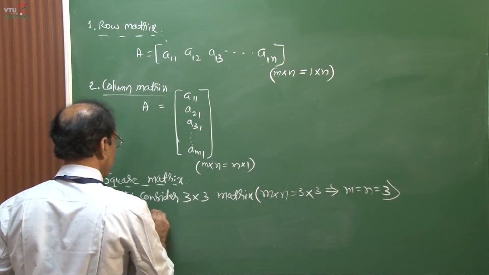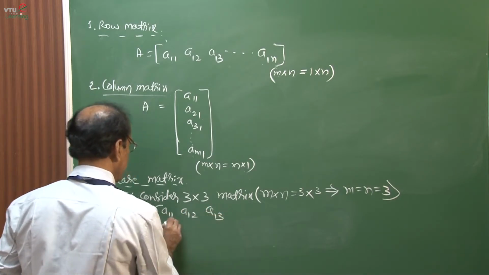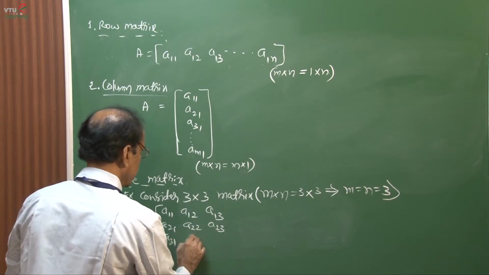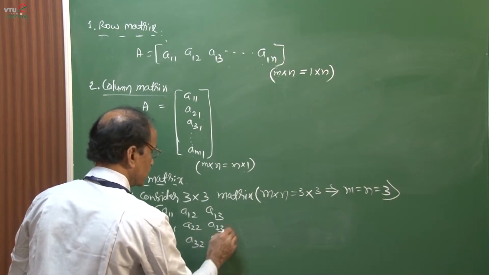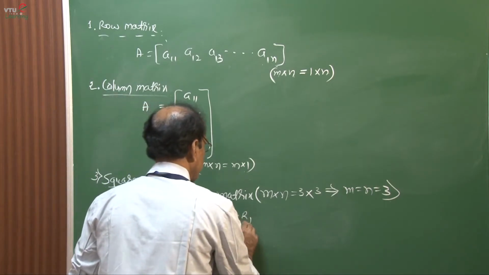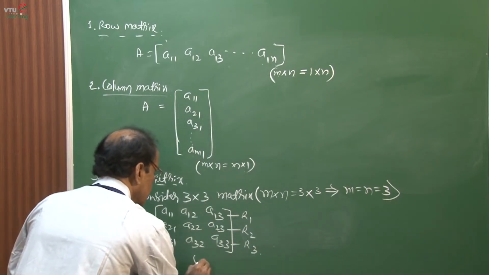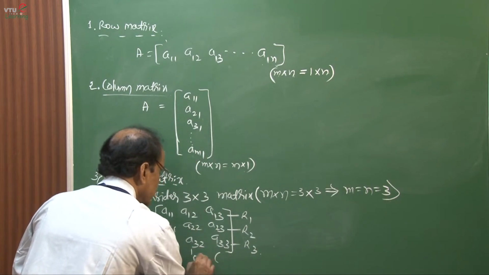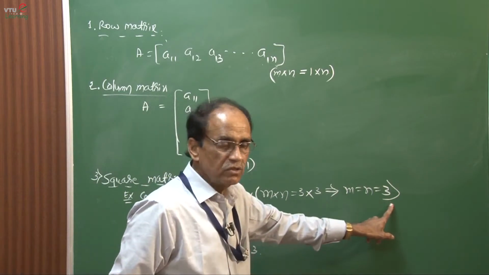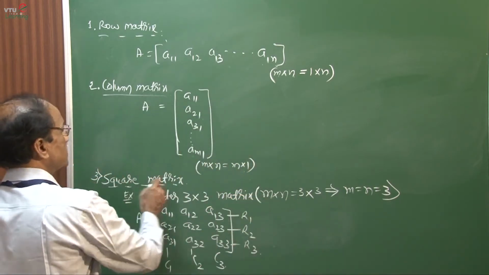Therefore, A is equal to A11, A12, A13, A21, A22, A23, A31, A32 and A33. Here this is R1, this is R2, this is R3, and this is C1, C2, C3. That means m is equal to 3 and n is equal to 3. Therefore, the number of rows is equal to the number of columns, and that is called a square matrix.